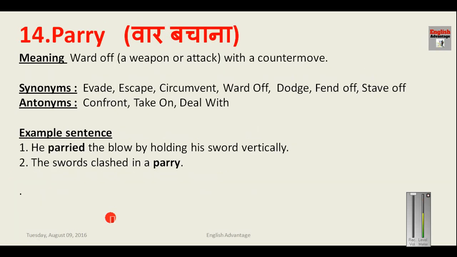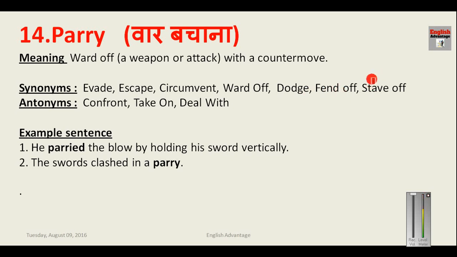Now let us look at the next word, a very important word: parry. This is a verb, and parry means to ward off a weapon or attack with a counter move. To protect oneself, evade, escape, circumvent, ward off, dodge, fend off or stave off.